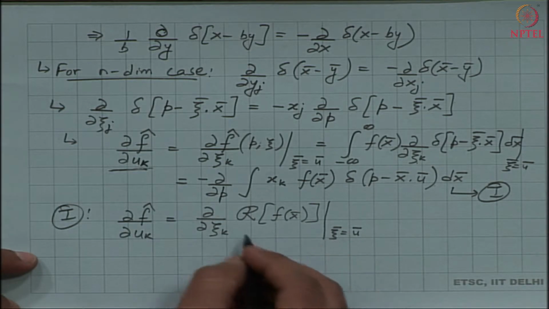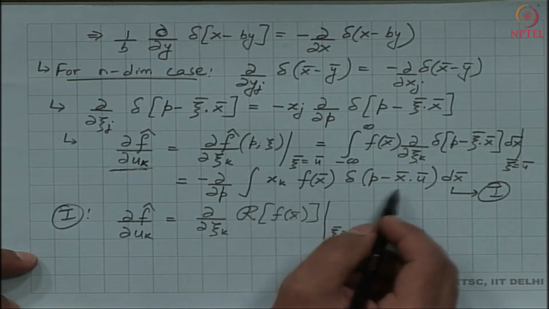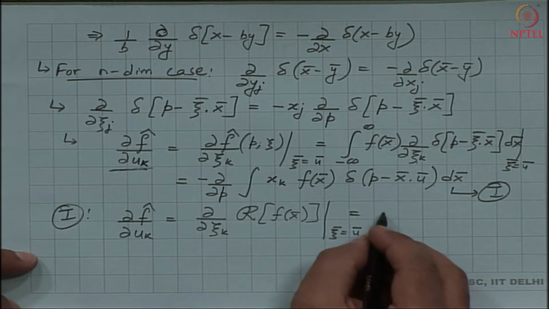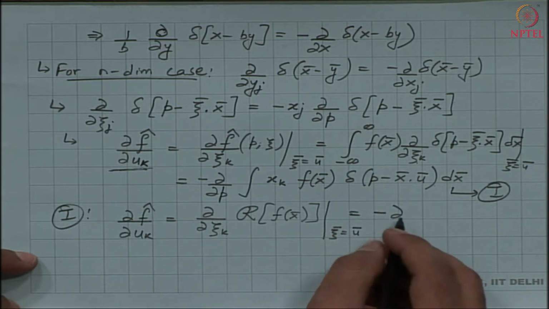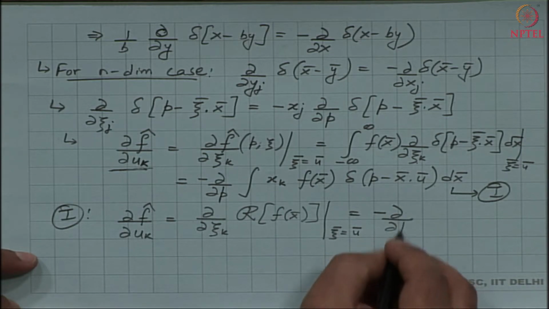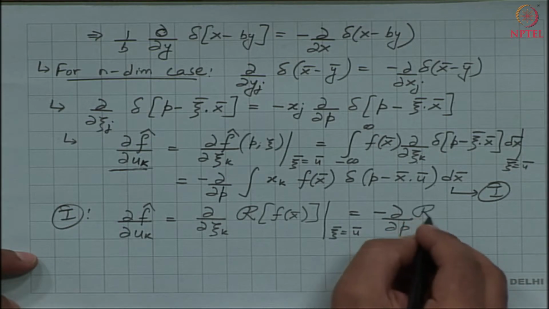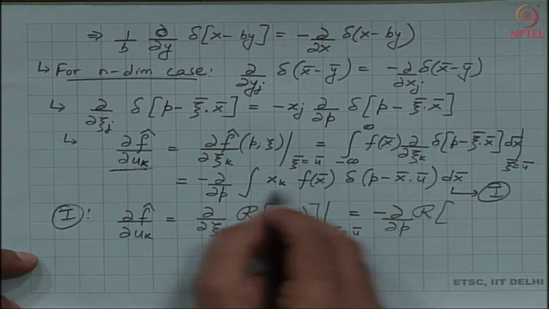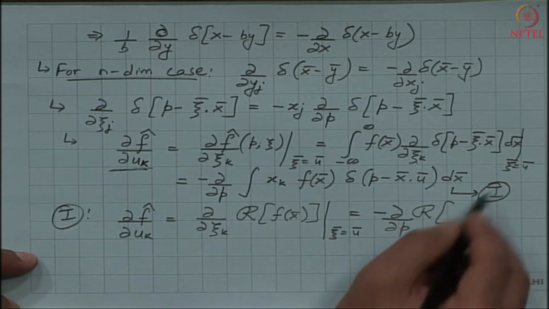Now, I see that this, from the definition above, is nothing but the negative of the derivative of the Radon transform with respect to the other variable p. That follows right away from these steps that I have outlined in 1.